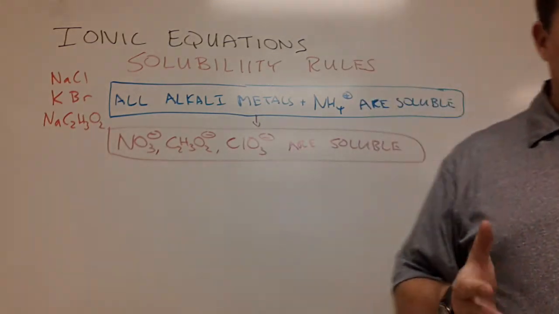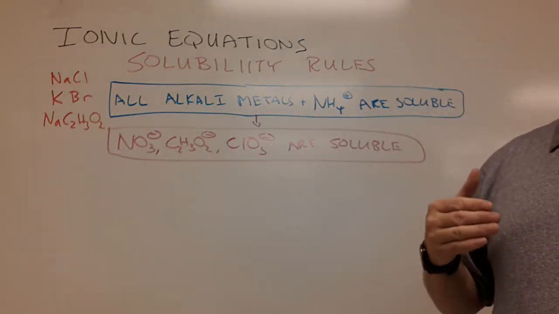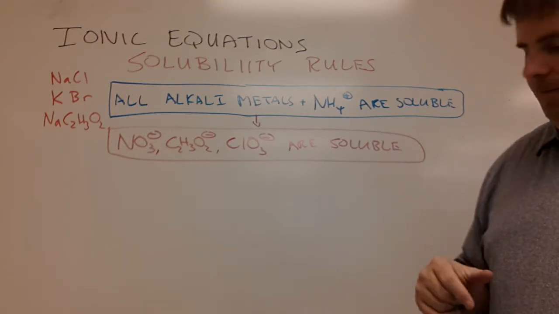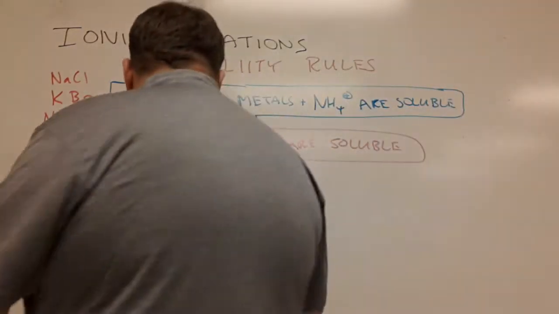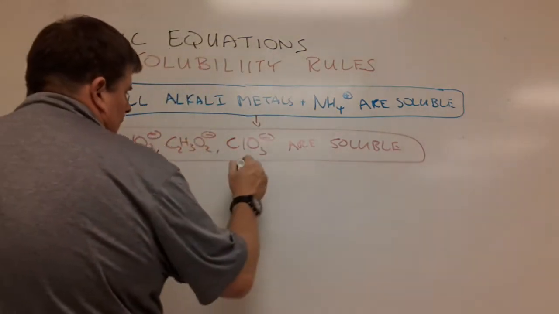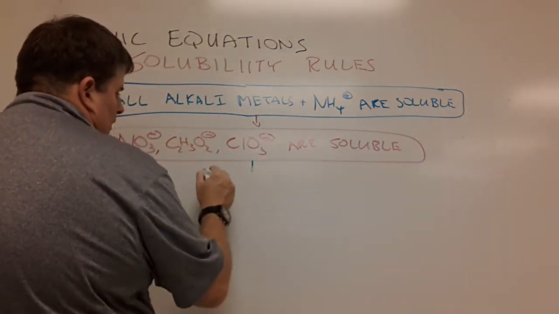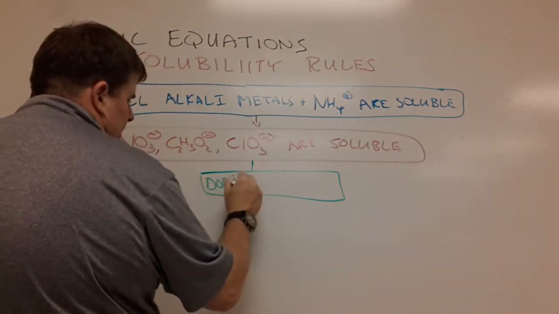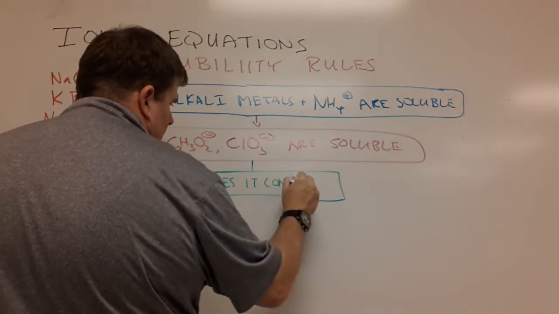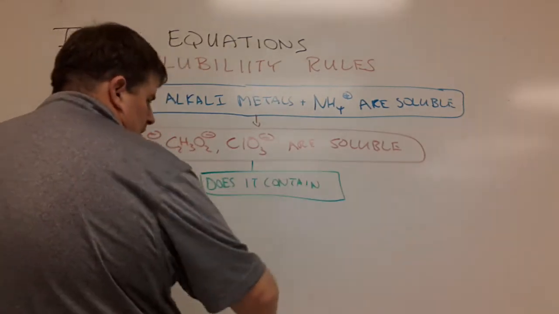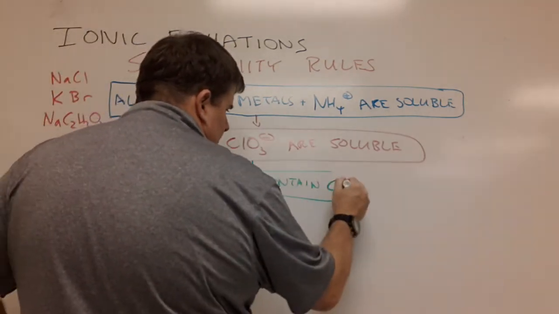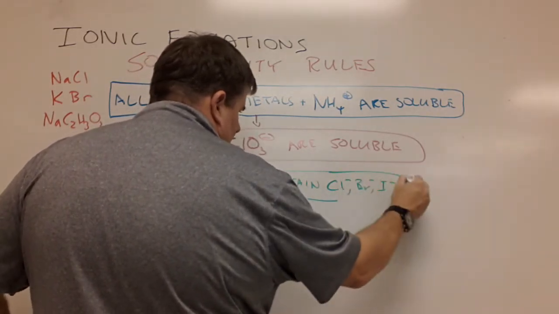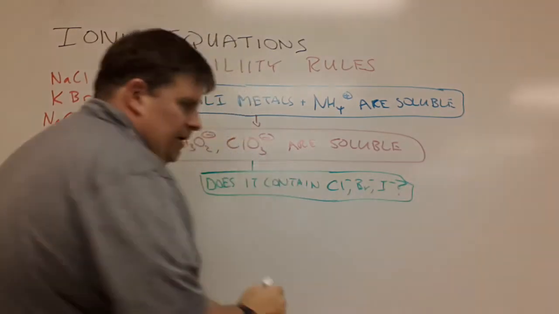And the next rule is that I've got compounds containing halides, chlorine, bromine, iodine. Okay? Now I'm going to write, does it contain Cl minus, Br minus, or I minus? Okay? And notice I put that in the form of a question.